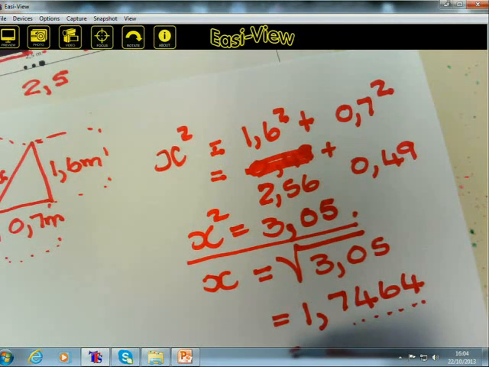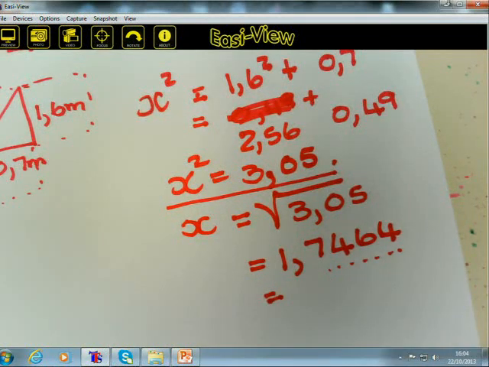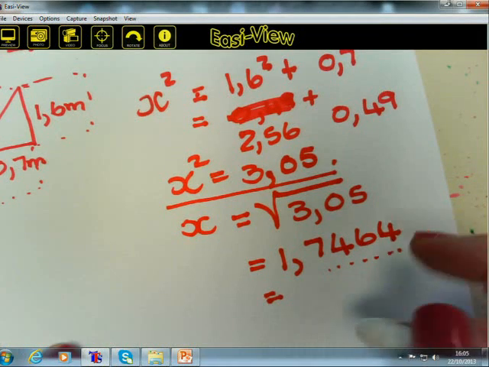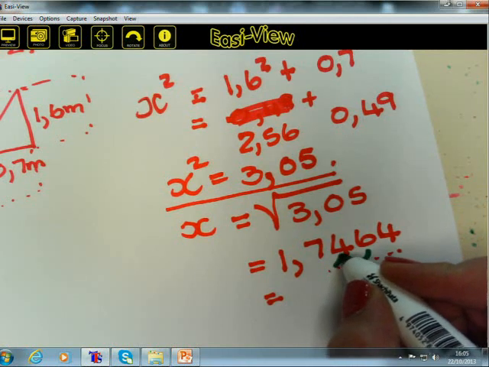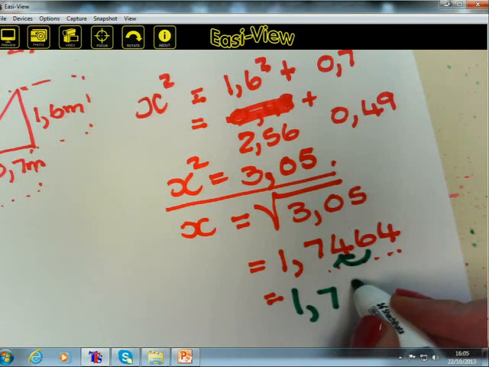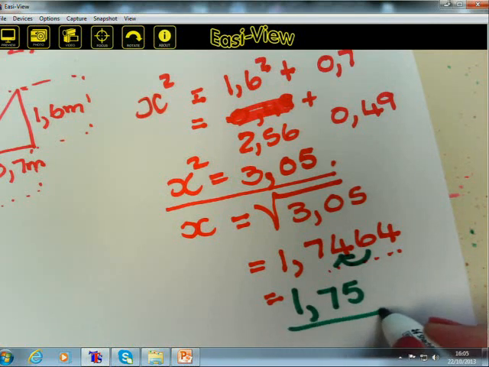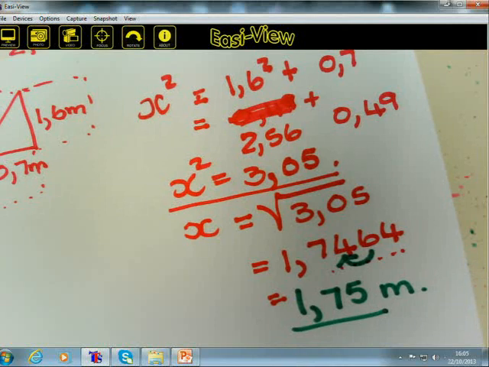So let's round this to 2 decimal places. What am I going to do? I'm going to look at the first one after this, 4. The first number there is a 6. So the 6 is so important, it will lift that up to 1,75. And now we can write the unit 1,75 meter.